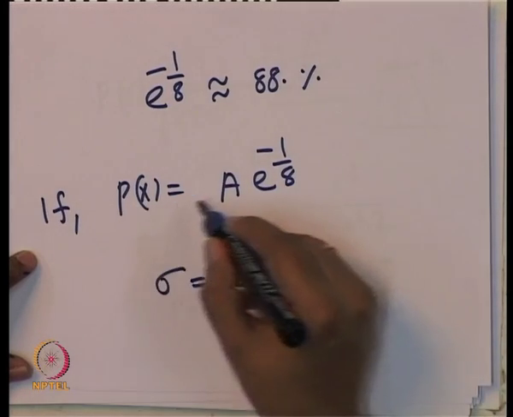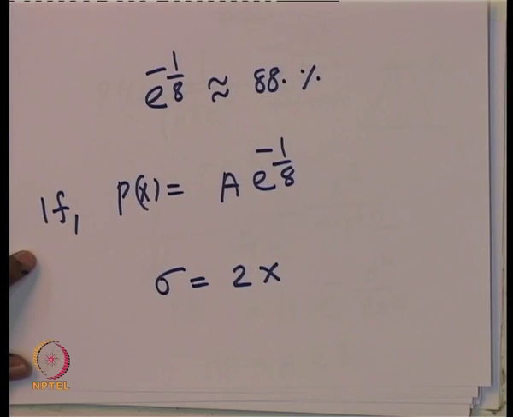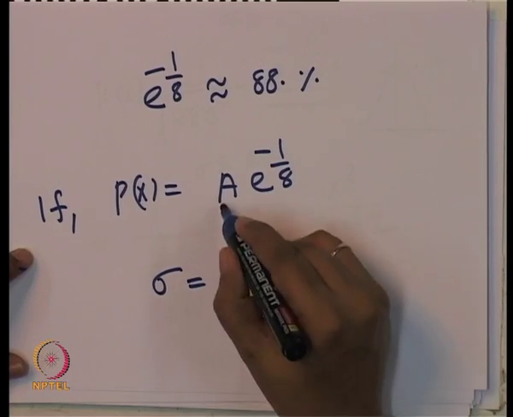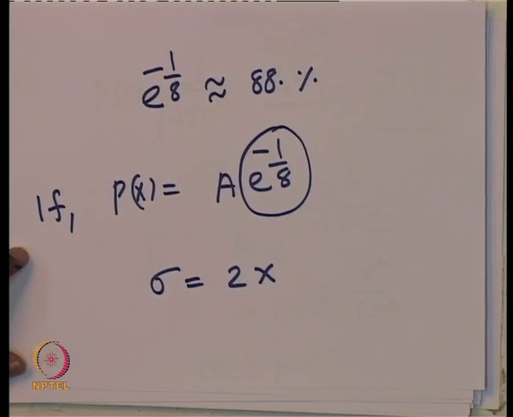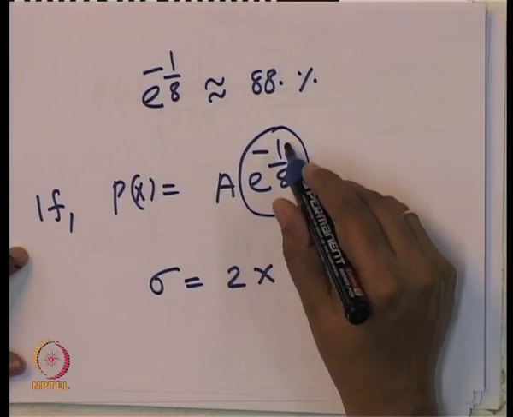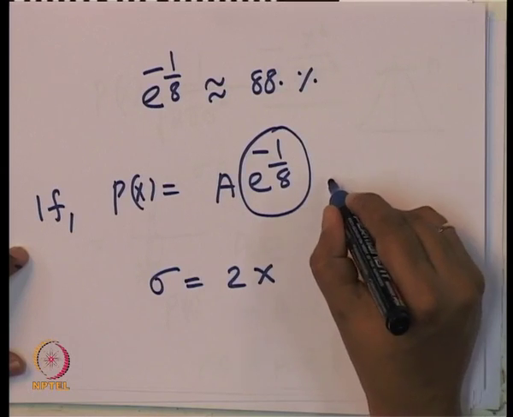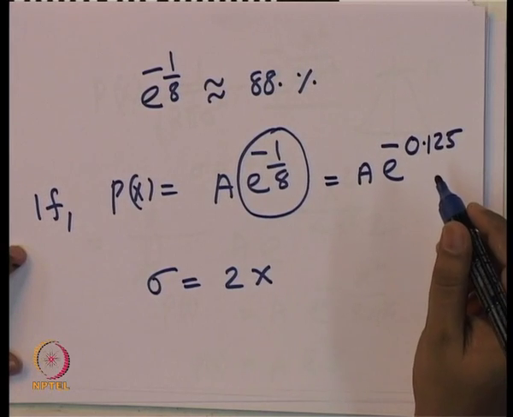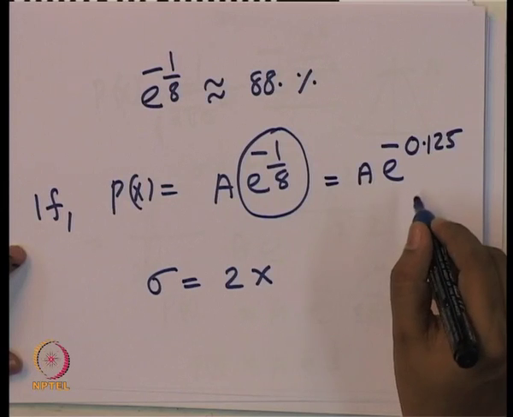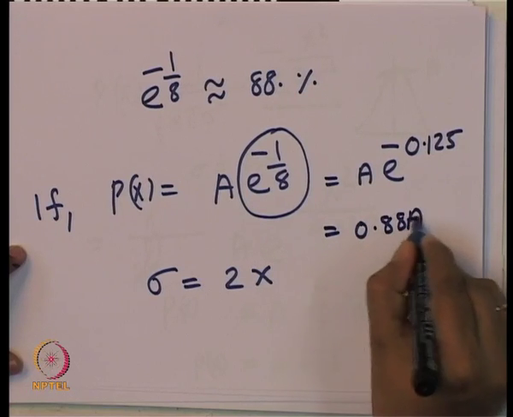If I look at 88% from this peak, you multiply the peak by this number, which turns out to be 88%, because 1 by 8 is around 0.125. So, e power minus 0.125 is coming 0.88, approximately 0.88 of a.